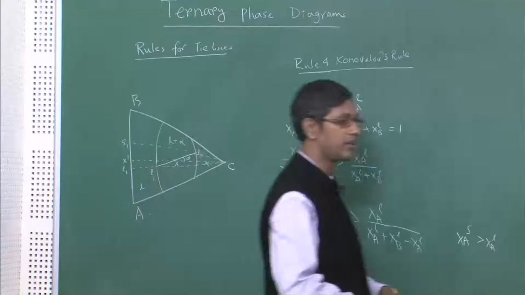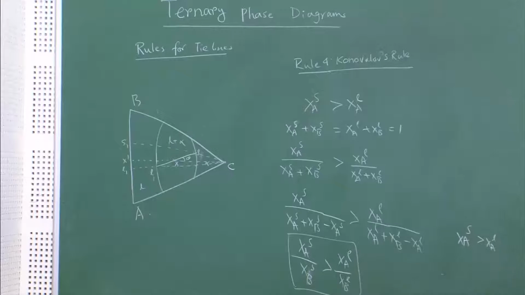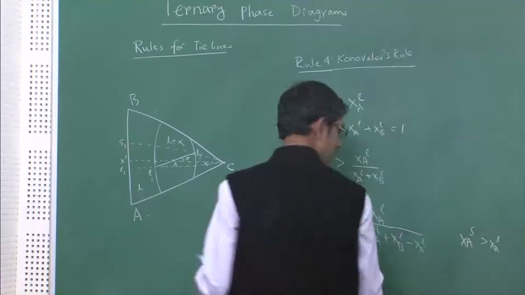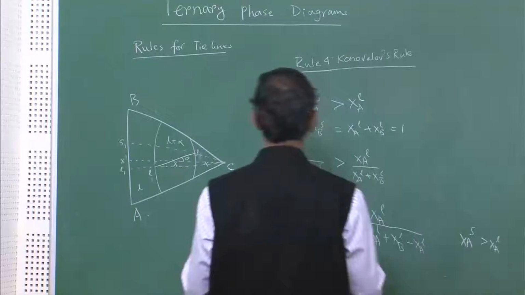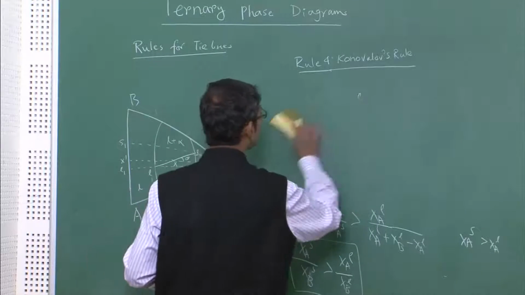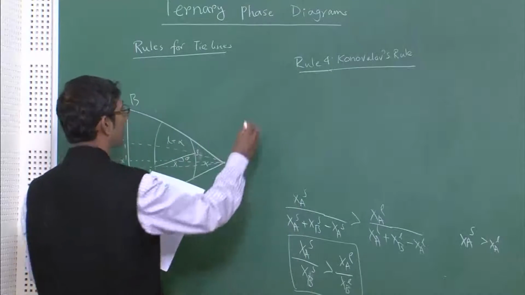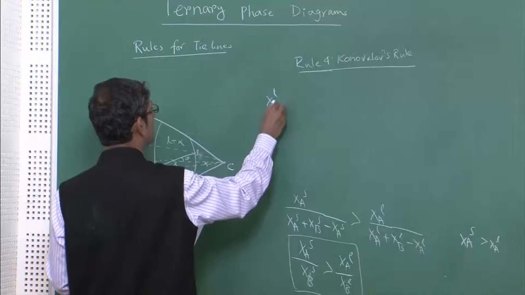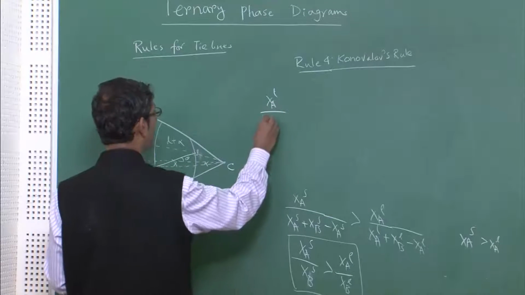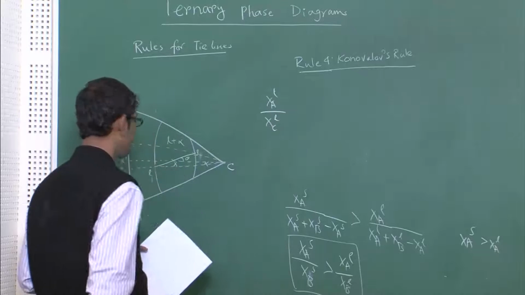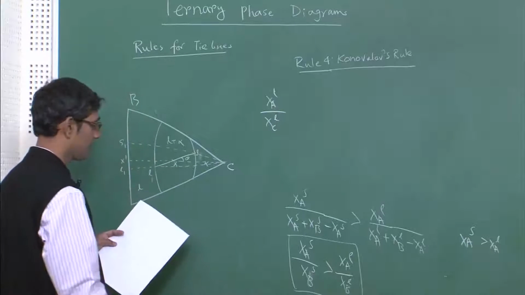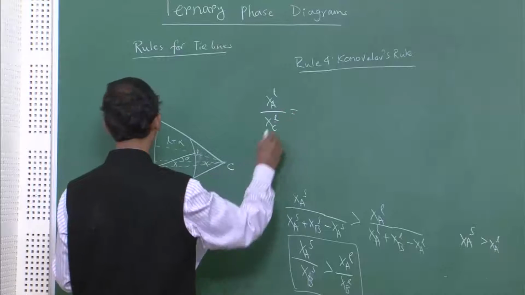So, how is it done? Let me just take the book and do it for you, because sometimes I also forget. Or rather I can do it with this. Well, let me erase this part. As you see here, X_A^L divided by X_C^L is equal to what?